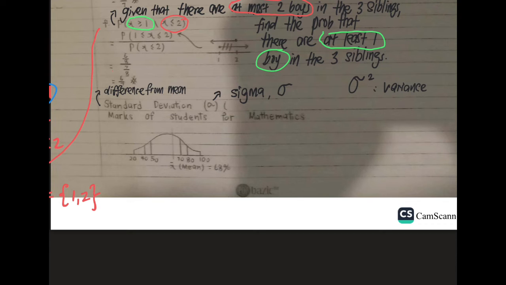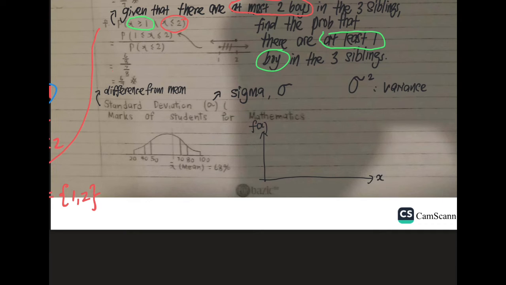In this graph, first we need to know how we draw the graph. It's like this one: f(x) versus x. The question will tell you the mean of your data.